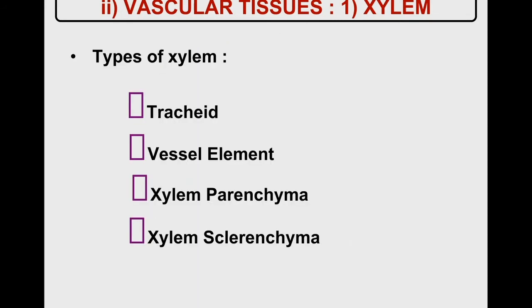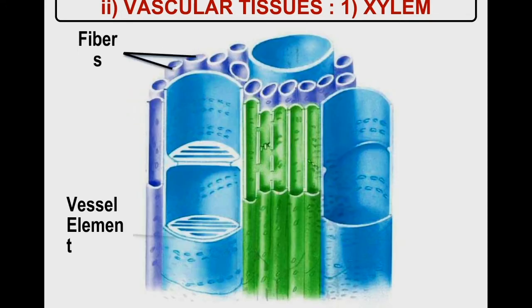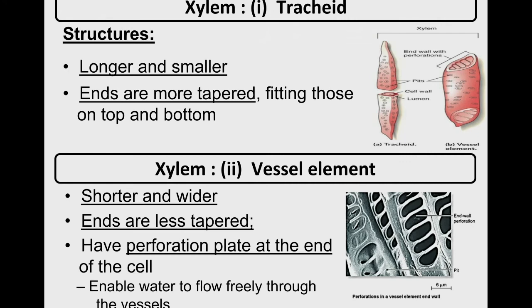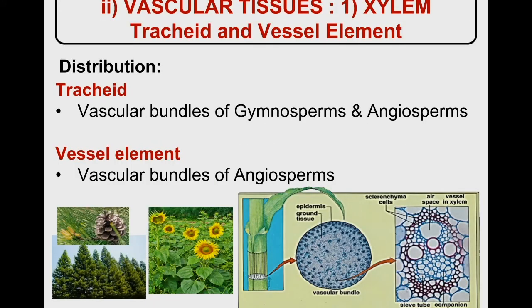Alright. For the rest, xylem and phloem, I hope that you can do something on it to make it easy for you to memorize. Xylem and phloem are also really important.